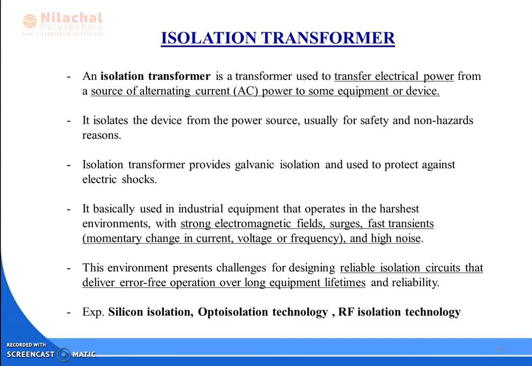This environment presents challenges for designing reliable isolation circuits that deliver error-free operation over long equipment lifetime and reliability. Some of the popular examples of isolation are silicon isolation, opto-isolation technology, and radio frequency isolation technology.